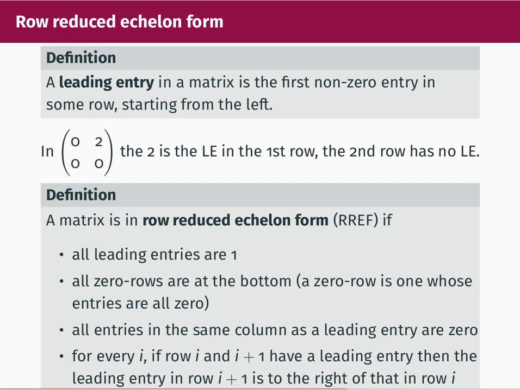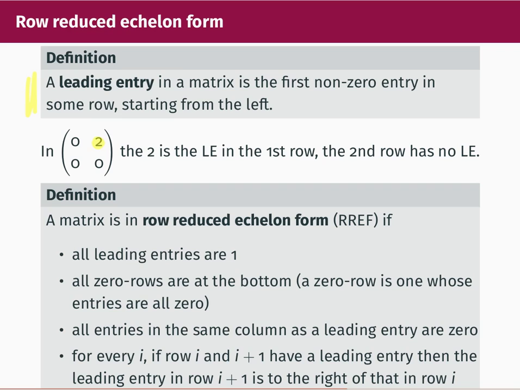Well, for us, that form is what's called row-reduced echelon form. And to describe row-reduced echelon form, I need the concept of a leading entry. So here it is. A leading entry in a matrix is the first non-zero entry in a particular row starting from the left. As an example here, the first row has leading entry 2 in column 2.